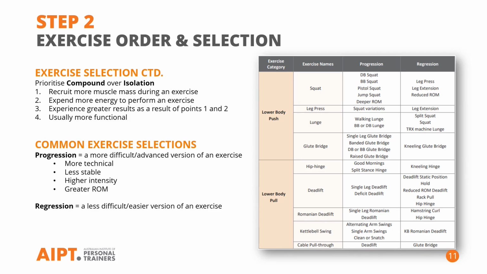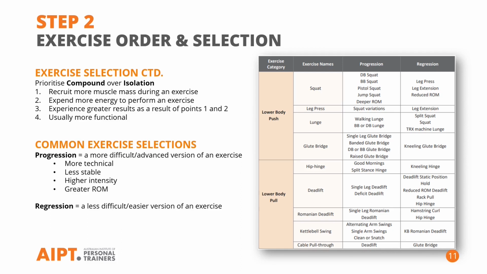Now, if you're making it a single leg version, it would be a lower weight than what the person can do with a normal deadlift movement pattern. So in terms of the load, it's actually a regression. But because the balance component is much more difficult for the client to achieve the correct exercise technique on a single leg only, it's considered an overall progression. So while it's a lighter weight, it's a far more difficult exercise, so therefore it's a progression.